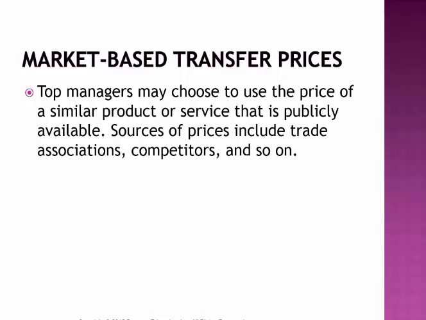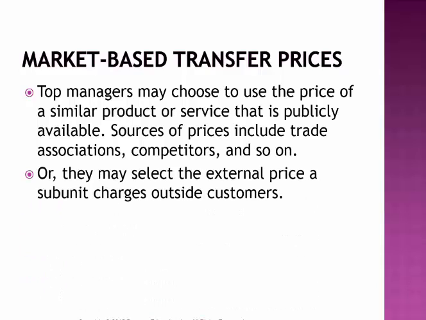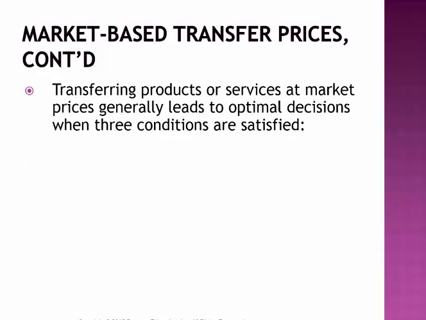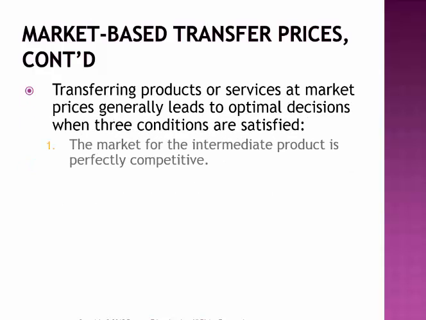So for those kinds of products or services that are available in a perfectly competitive market, it's great to use that market price as the transfer price just because it does meet those 4 criteria that we've gone over. So it helps us to make optimal decisions because the market for the intermediate product is perfectly competitive.